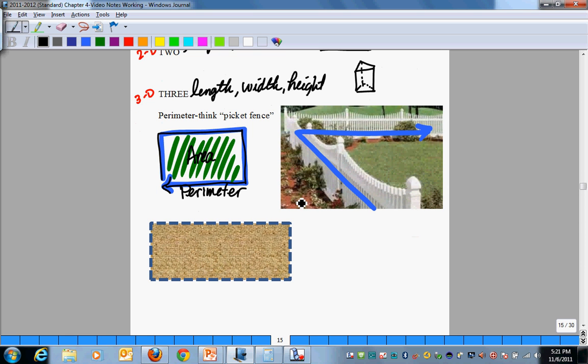Now the question is this: how many dimensions is perimeter?